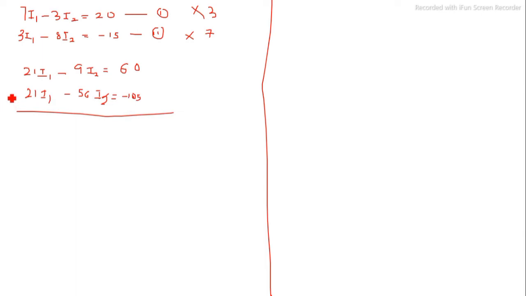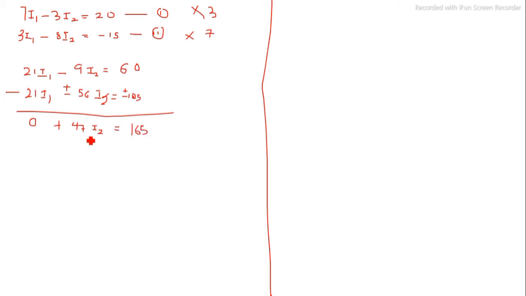Then subtract. 21 minus 21 will be 0. Minus 9 plus 56, that's plus 47 I2, equals 60 plus 105, that's 165.